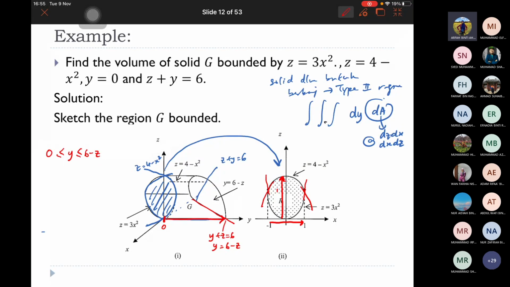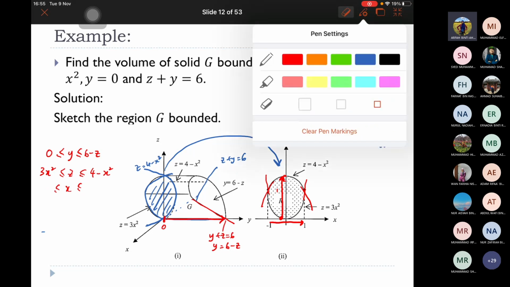So kita dapat bawah adalah garisan, dia akan menyentuh garisan ini first and then this line. So dia akan jadi daripada garisan Z sama dengan 3x kuasa 2 sampailah kepada garisan z sama dengan 4 tolak x squared. Dan x pula berada antara negatif 1 sampai 1.